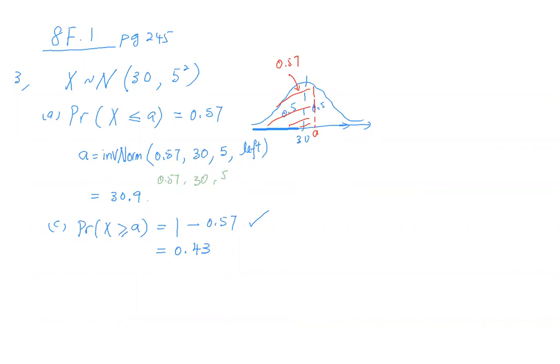Right? Then for part 2, am I going too fast? I hope not. Okay, for part 2, X greater than 30 and less than 8. So this one, I will write it like that.